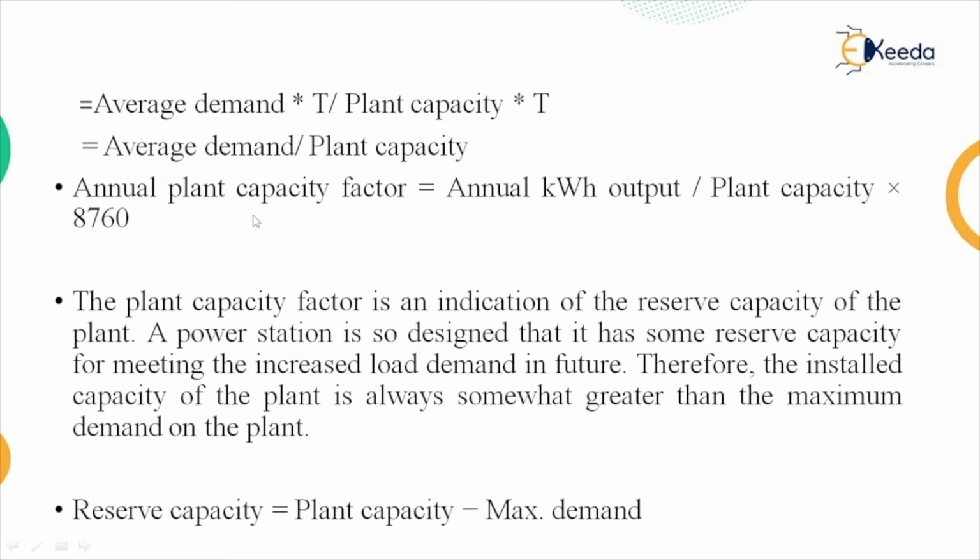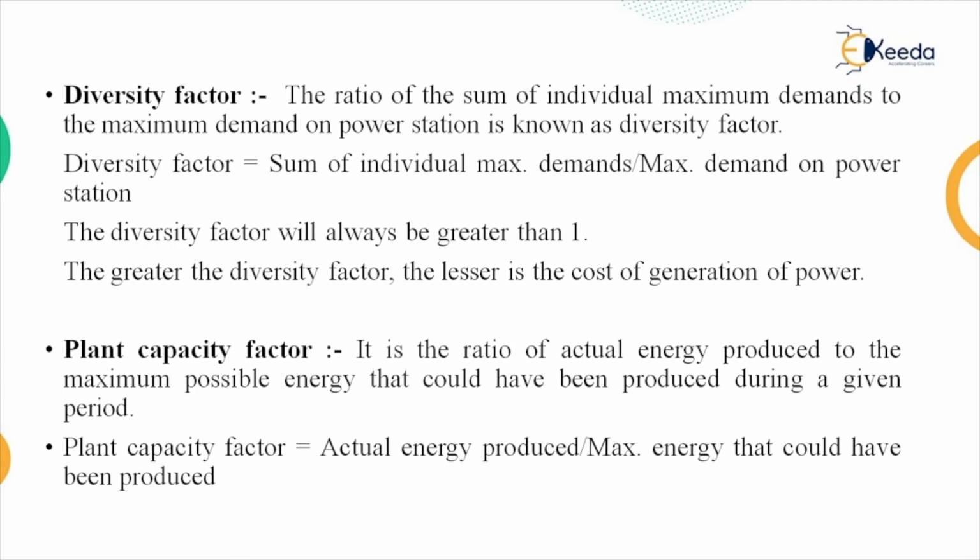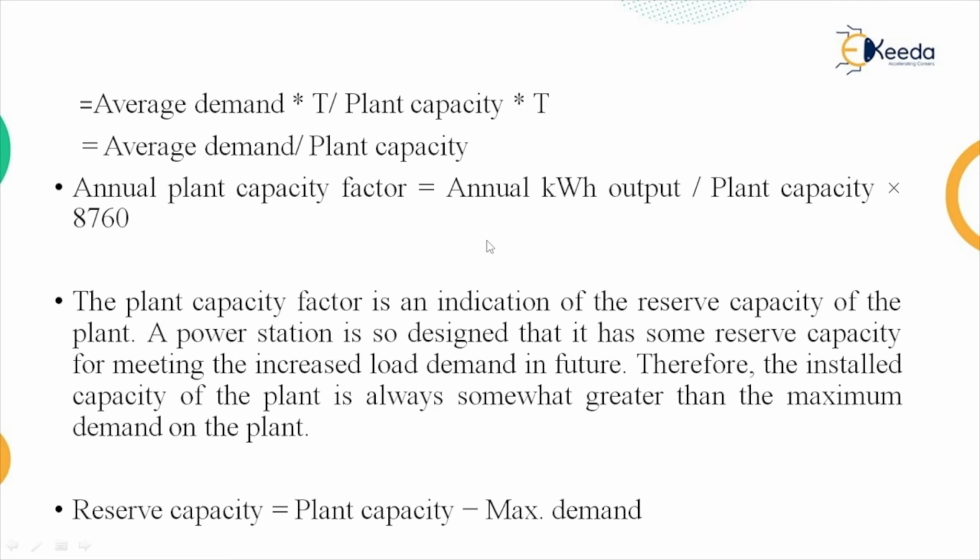So annual plant capacity factor is equal to annual kilowatt hour output upon plant capacity into total time, that is 365 into 24. And if you want to calculate the annual plant capacity factor of the power plant, then annual kilowatt hour output upon plant capacity into 8760, where 8760 is 24 into 365 days.